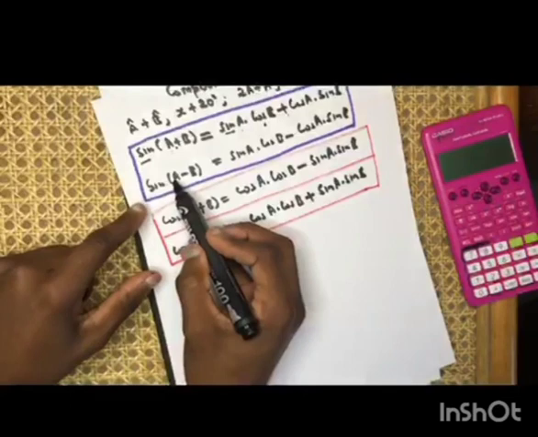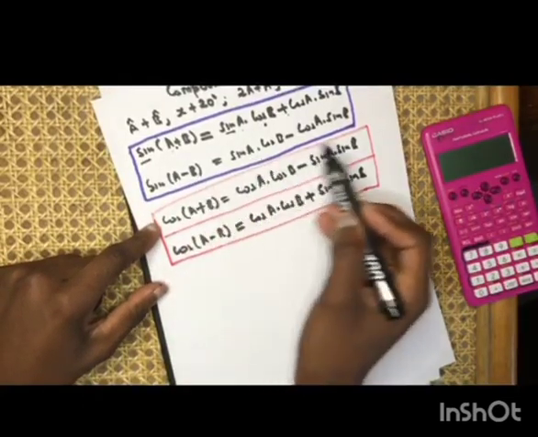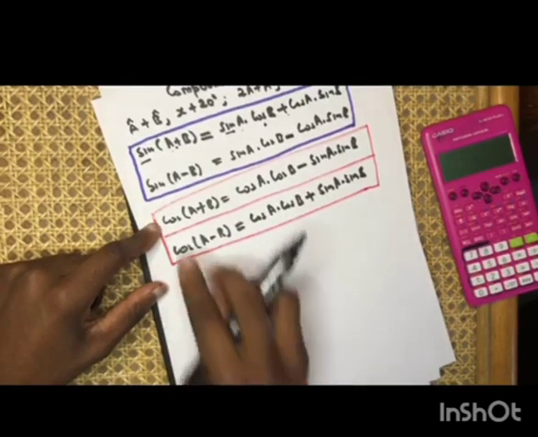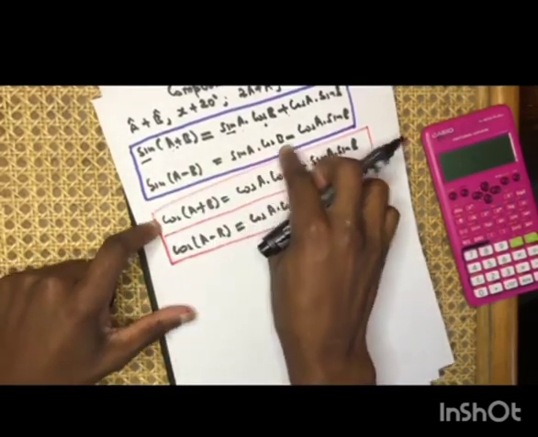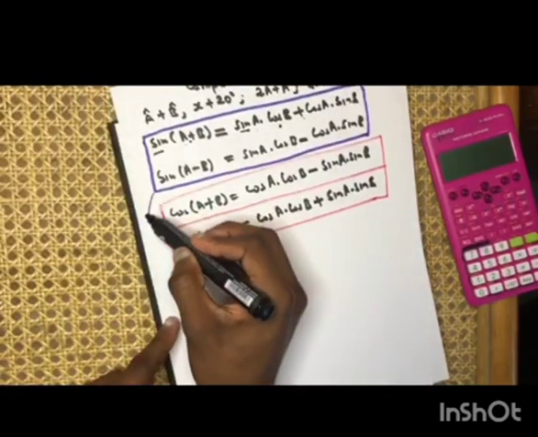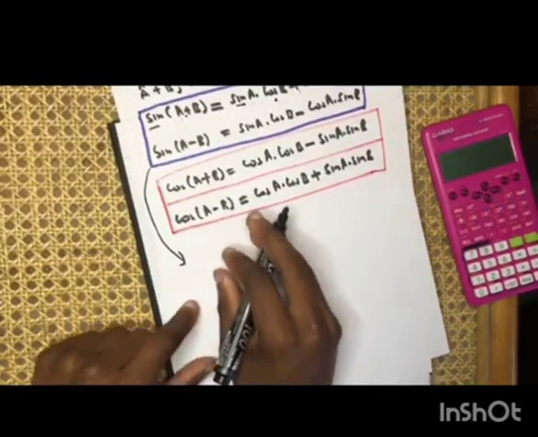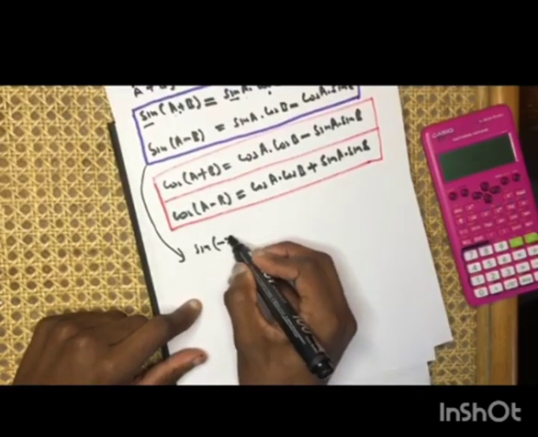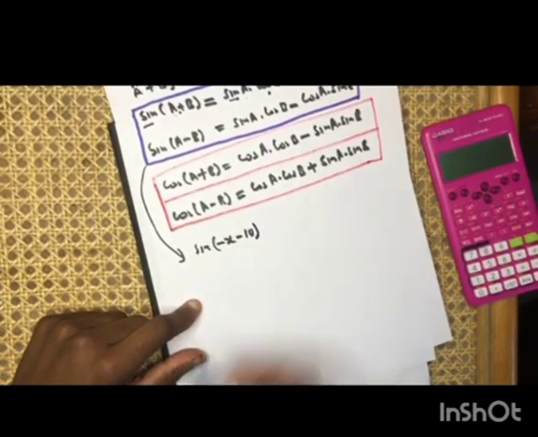Even if we have A minus B, we are going to use the same thing, but sine, guys, keeps the sign. So it's going to be sine A cos B minus cos A sine B. If I'm taking an example for sine, let's say we have sine of (minus x minus 10). Do you understand?